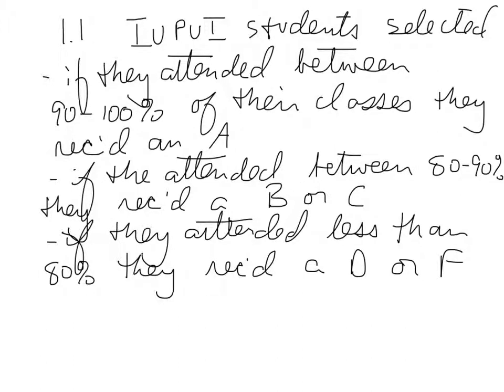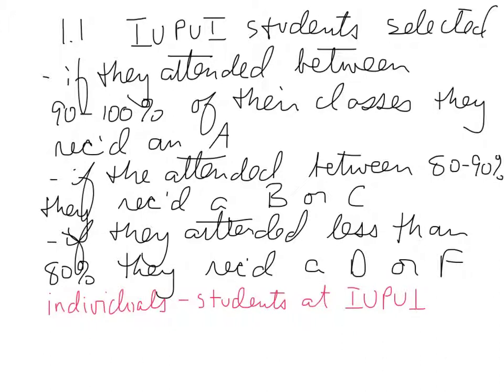So first, what are the individuals in this study? Well, they're the students at IUPUI. What's the data collected here? Well, there were two pieces of data. One was the attendance, and two were the grades.